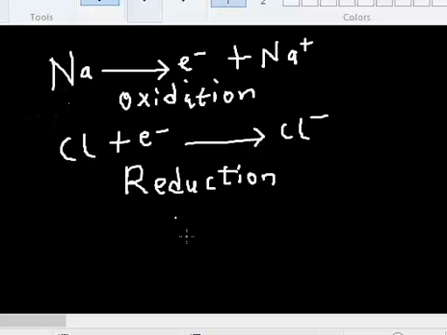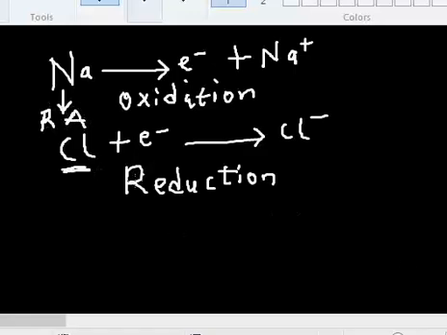So if I should ask you which agent actually causes the reduction of chlorine, definitely sodium, because it was sodium that gave out the electron that chlorine took. So invariably the substance that was oxidized now becomes the reducing agent.